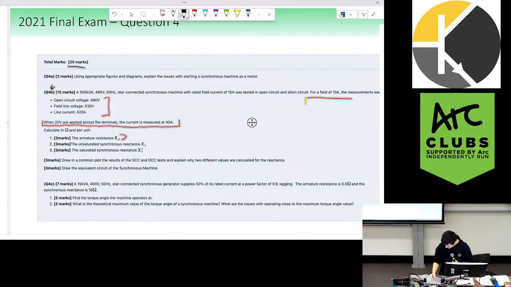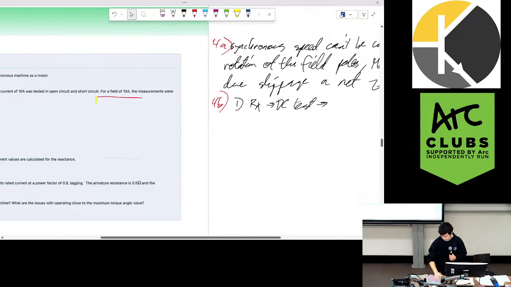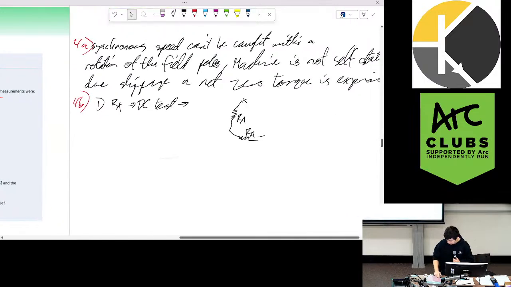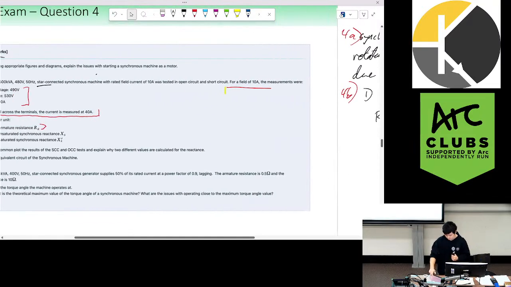Remember, this is a star-connected machine, so when we run this through the terminals, we're running it through two sets of RA. We're supplying a DC 20 volts and getting 40 amps through. So 2 RA equals a half, RA equals a quarter, so RA equals 0.25 ohms. Fantastic. That's 3 marks right there.